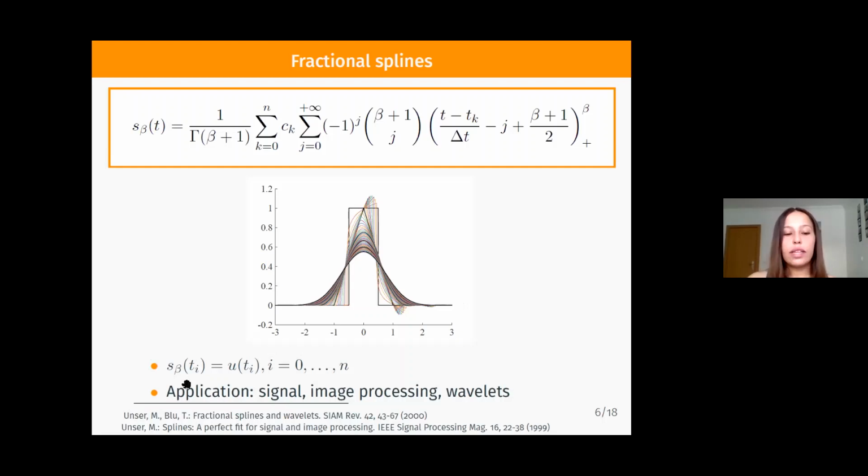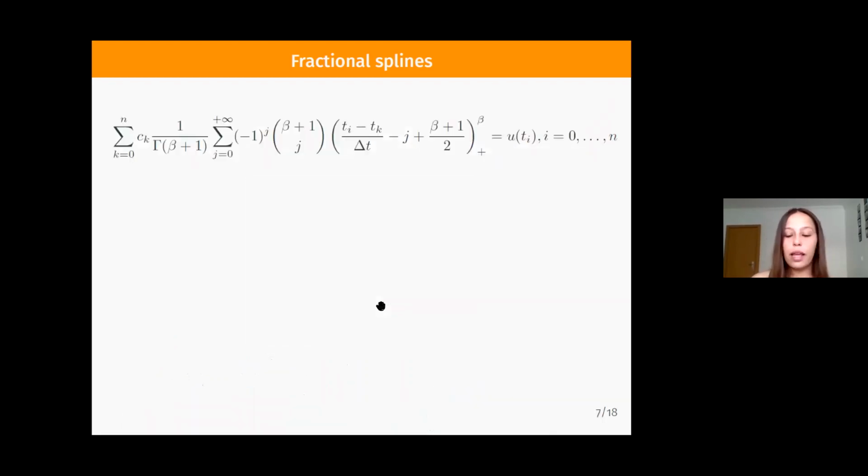We have here the same condition that the spline has to be interpolator, and this type of function was used before in wavelets, signal, and image processing. Now we are going to use them to approximate that integral operator.